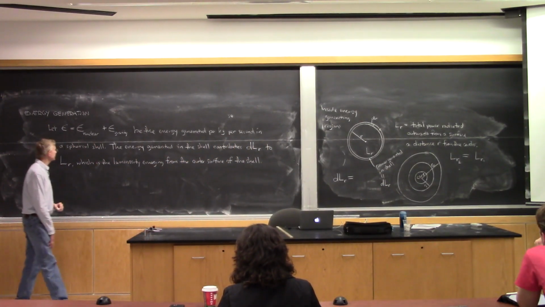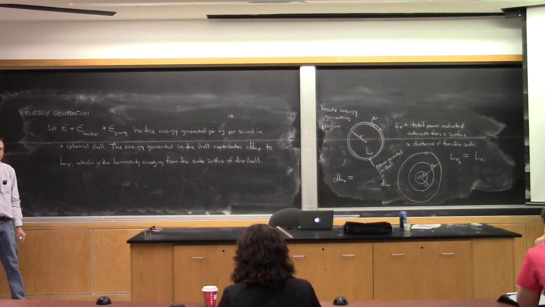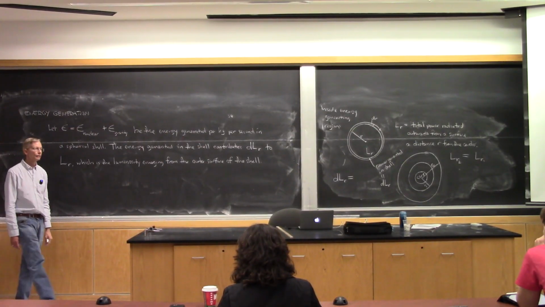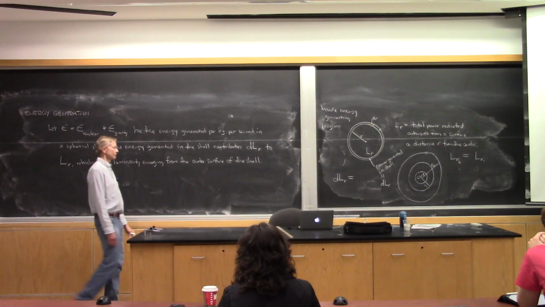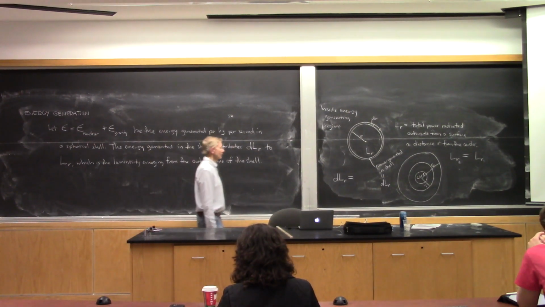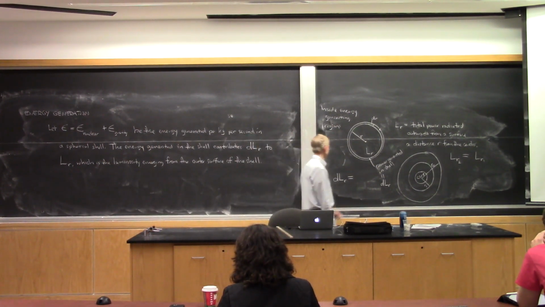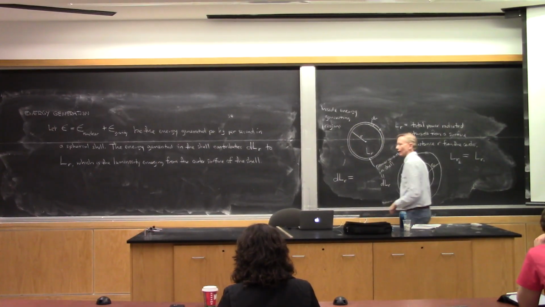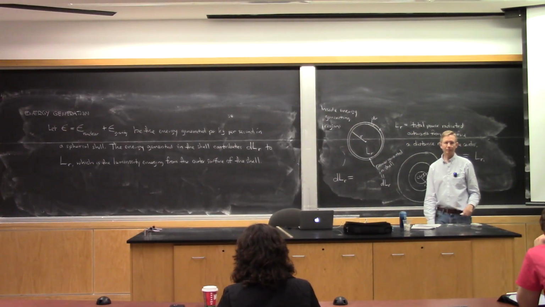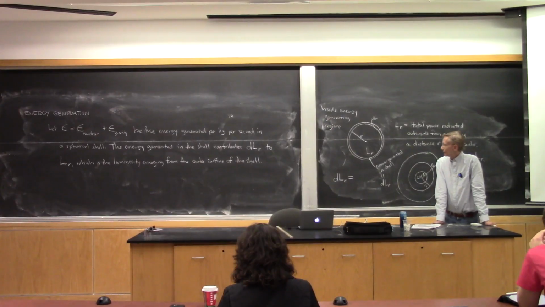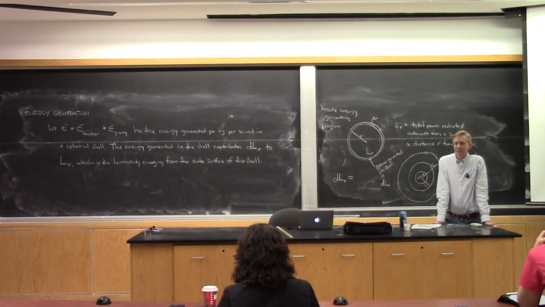Epsilon is the energy generated per kilogram by either nuclear reactions or gravity or both. So how do I go from epsilon to dL sub r? What property of the shell takes me from power per kilogram to power generated within the shell?